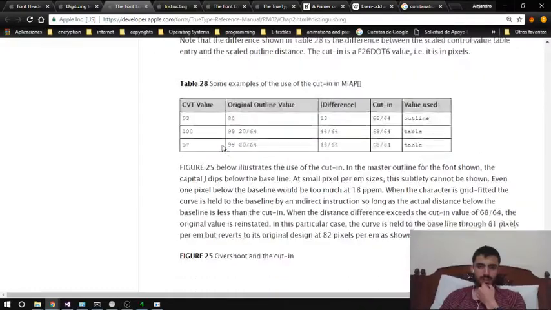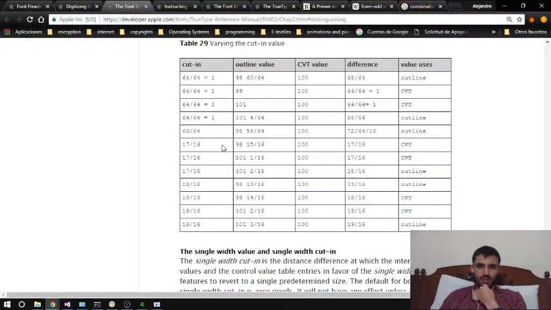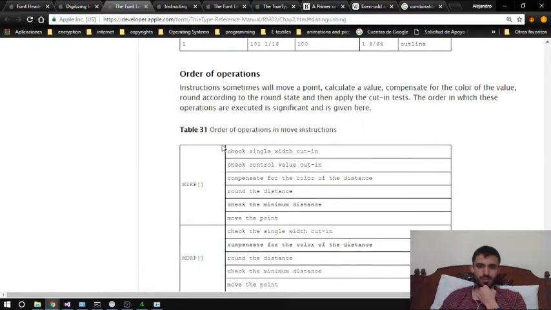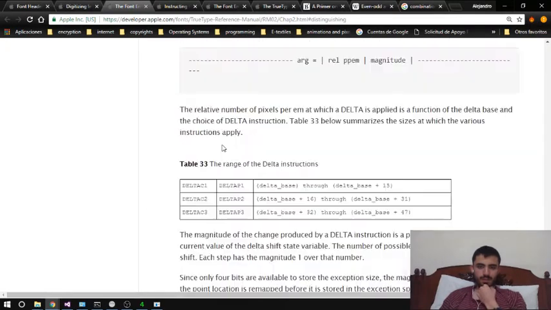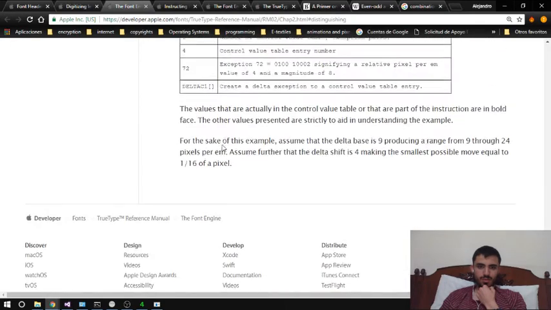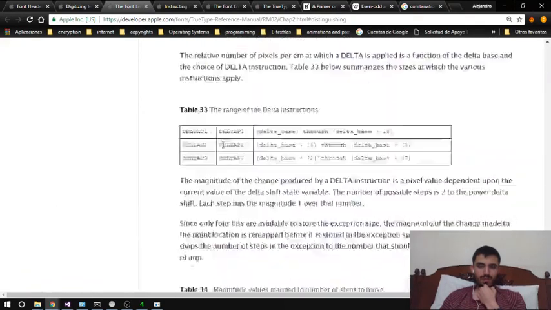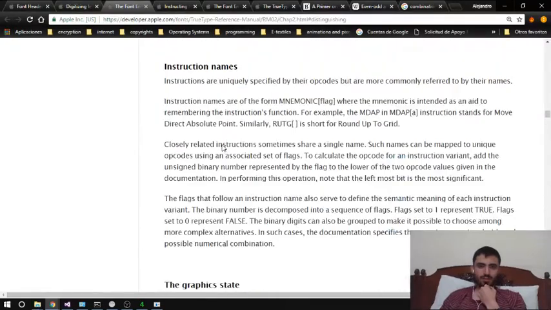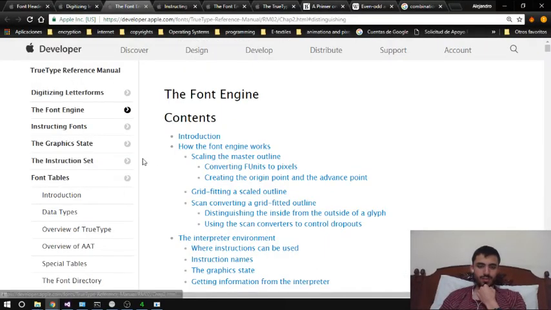This is how the engine works, but I want to know more different information. What's all this crazy stuff? Now I have to look for something different.